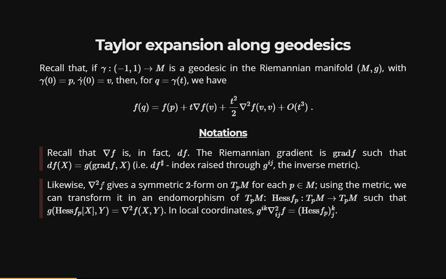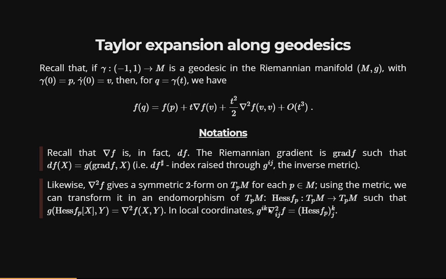Likewise, nabla squared f is a symmetric two-form on the tangent space. That is, you can apply this to every pair of vectors v and w, and you get a bilinear form, which is symmetric. Using the metric, like we did above, we can transform it into an endomorphism of the tangent space of M. So we define Hess f at p, the Hessian of f at p, as the linear map which respects this, so it's the linear map which induces the bilinear form through the scalar product.